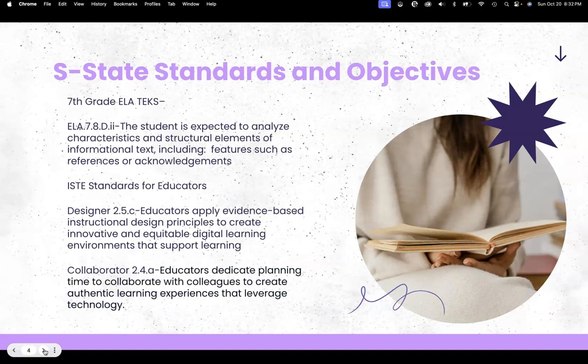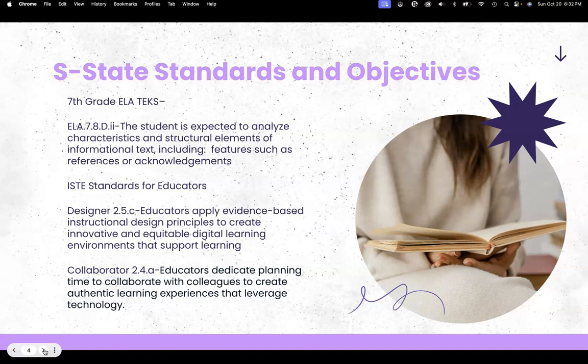The first S in Assure is for state standards and objectives. The 7th grade ELA TEK 7.8.D2 says the student is expected to analyze characteristics and structural elements of informational text, including features such as references or acknowledgments.